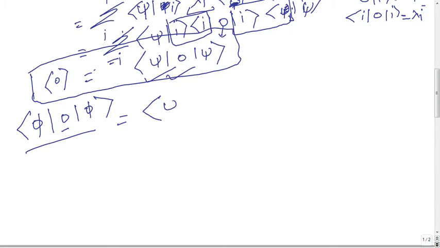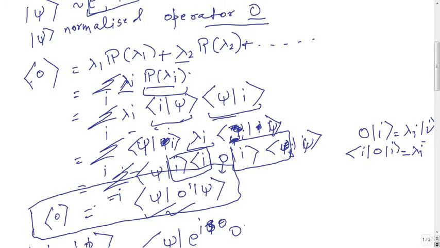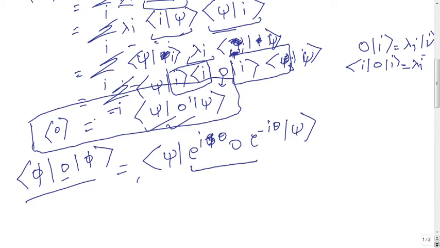It is the same as times e to the power minus iota theta xi. If I club both of them, it would give me 1, and again I would get this, which is the expectation value of the operator O in the state xi.